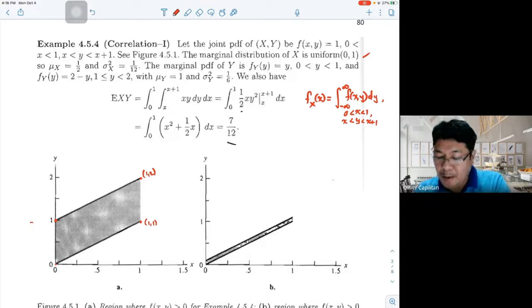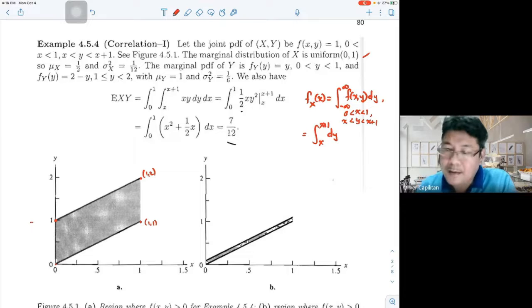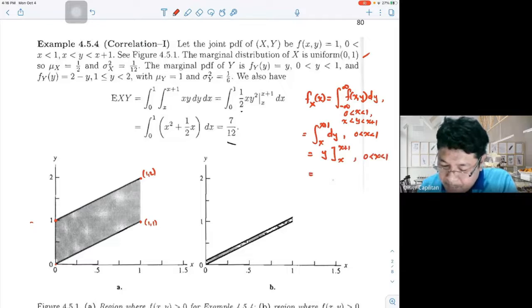So integrating with respect to y, the f of xy is just 1, so we have dy from x to x plus 1. Evaluating y, we have x plus 1 minus x, so we have 1.